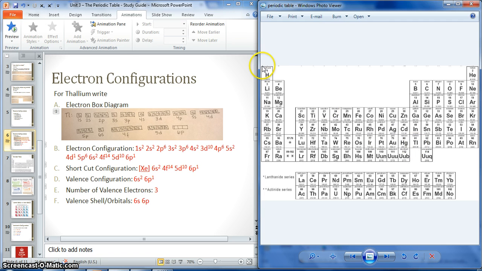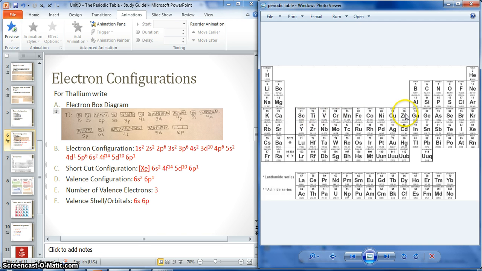We start with 1s2, 2s2, and then 2p6, and then 3s2, 3p6, 4s2, and then we go here to the transition metals, D block, which begins with number 3.